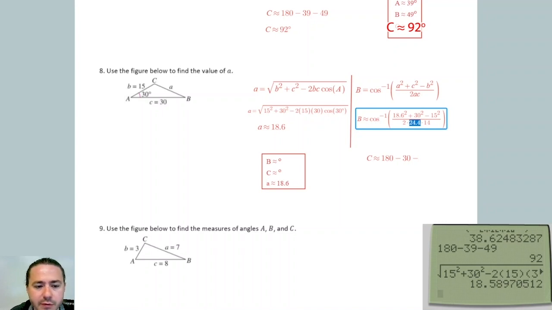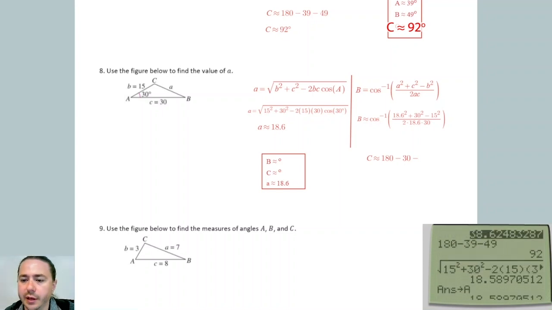So 2 times, let's see, A is the 18.6. I'll have to use that store function again, times C, which is, what was it, 30. Okay, so in my calculator, I'm going to store this 18.6 so I can use the exact value. I'll just stick it into A.